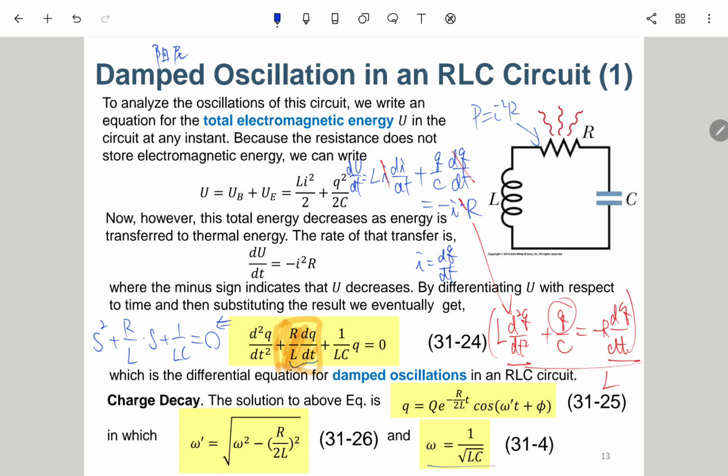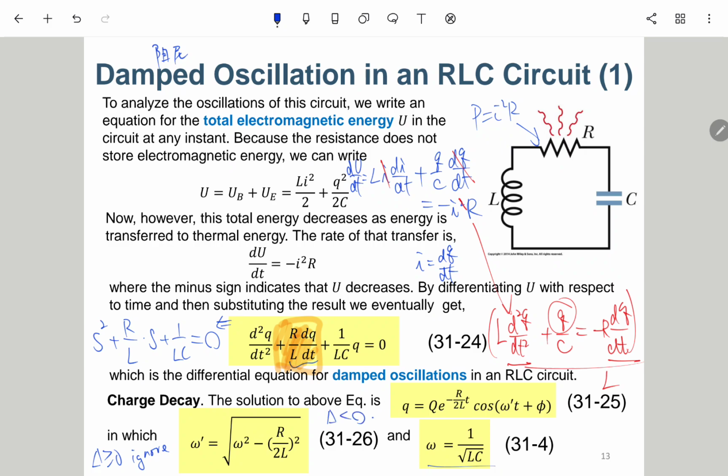But we just simply ignore the first 2 cases, where delta is larger than or equal to 0, because these 2 won't give you any oscillation. This is not what we concern. So what we only concern is delta less than 0.